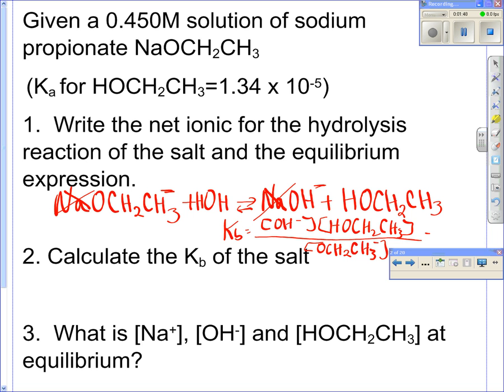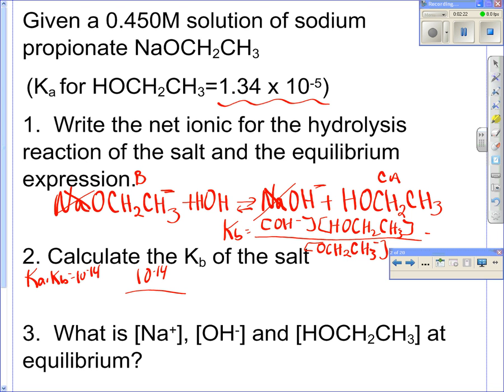So now to calculate the Kb value. In this particular case, I am given a Ka value. It tells me the Ka is 1.34 times 10 to the minus 5. So the Kb value, or the hydrolysis value, is just 10 to the negative 14 divided by the Ka value, because this is the conjugate acid and this is the base, so I need the base K. I know that Ka times Kb is equal to 10 to the negative 14.